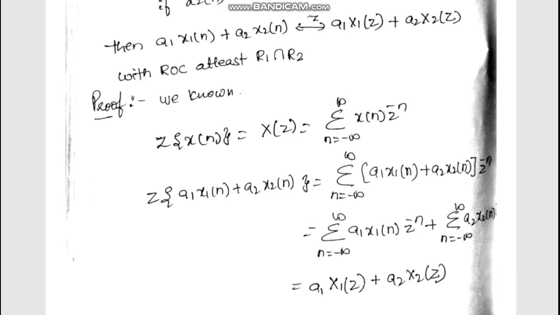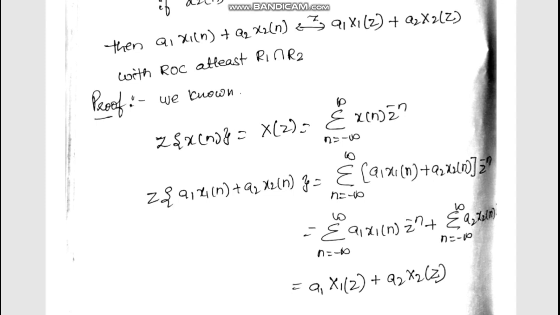Using this formula, x of n is taken as a1 x1 of n plus a2 x2 of n, multiplied with z to the power of minus n. So we have just substituted our input signal into this formula. Now you can simplify this.